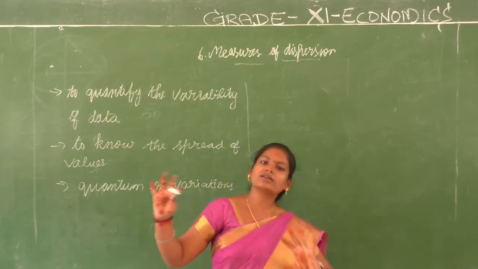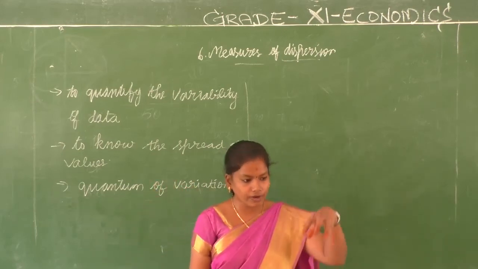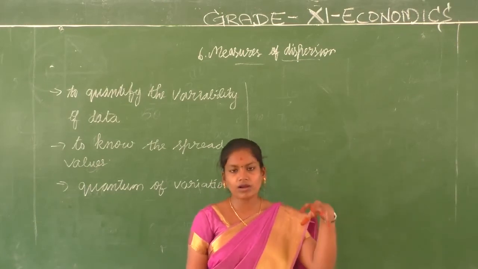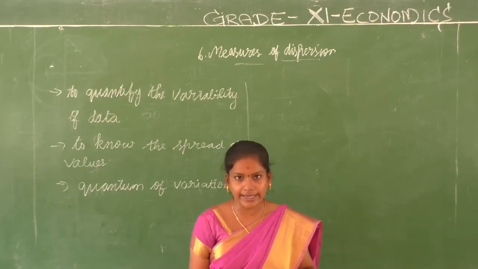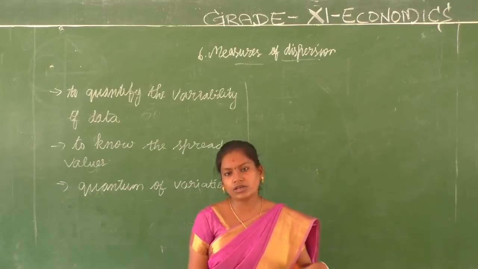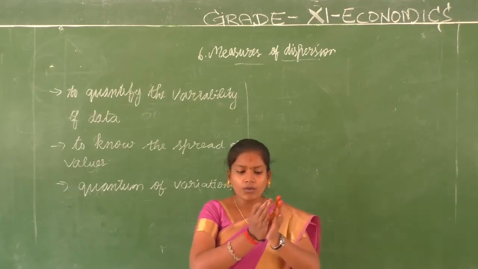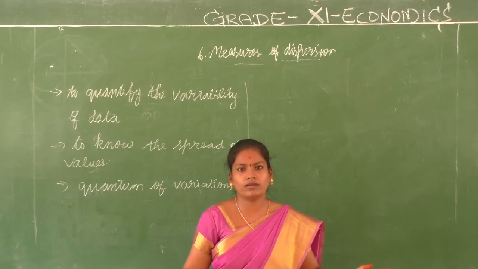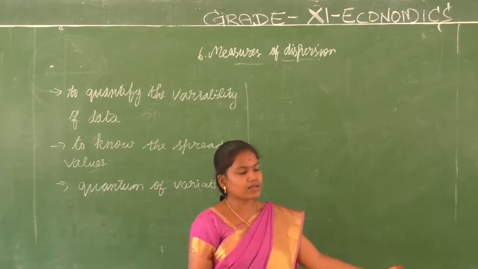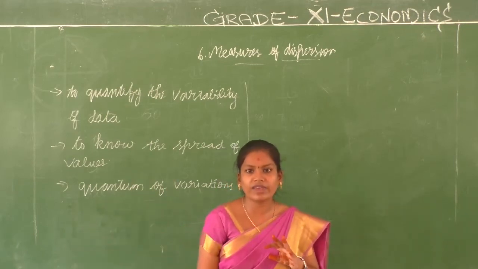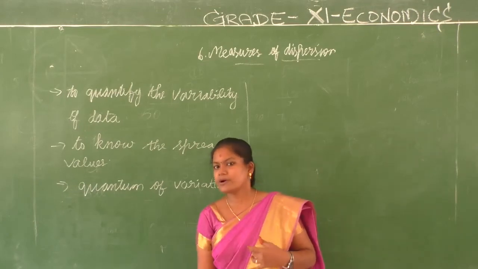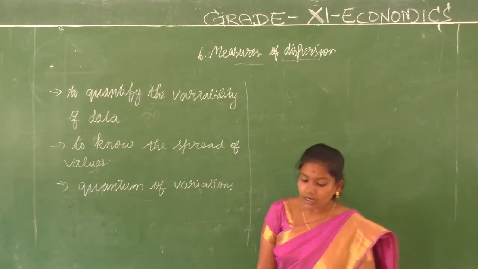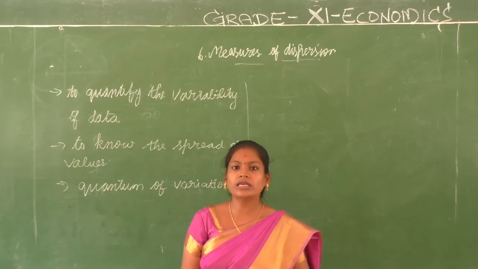But when you calculate the average income of a particular city or a country, national income accounting, you take the average only. You don't find what the differences are there. Why one family is earning very low when another earns very much. So measures of dispersion help you to do what? To understand the income inequalities.